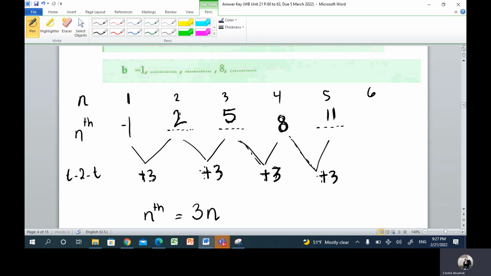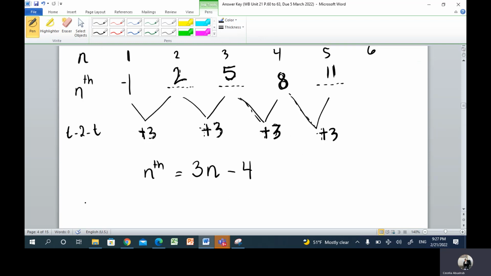To become -1, it will be -4. So that's how we do the checking. Check on our nth term. So if n is equal to 1, then 3 times 1 minus 4 is equal to 3 minus 4, the answer is -1, which is the first term here.